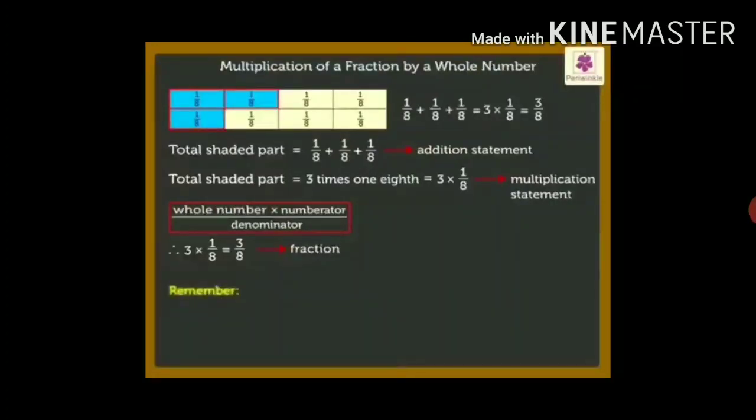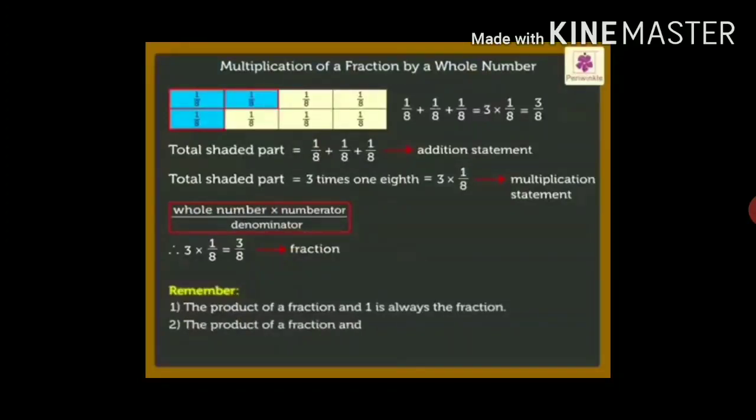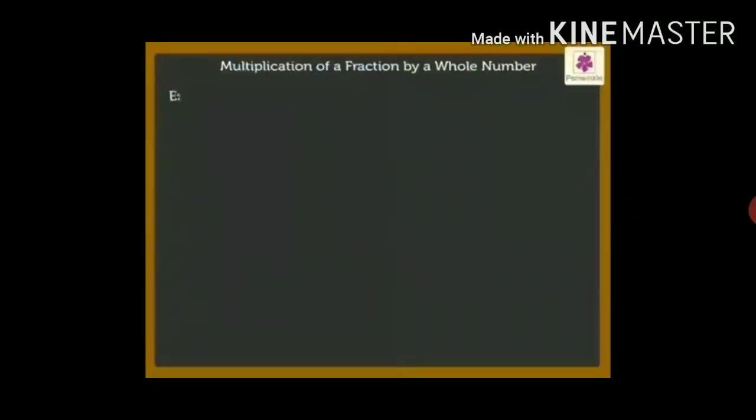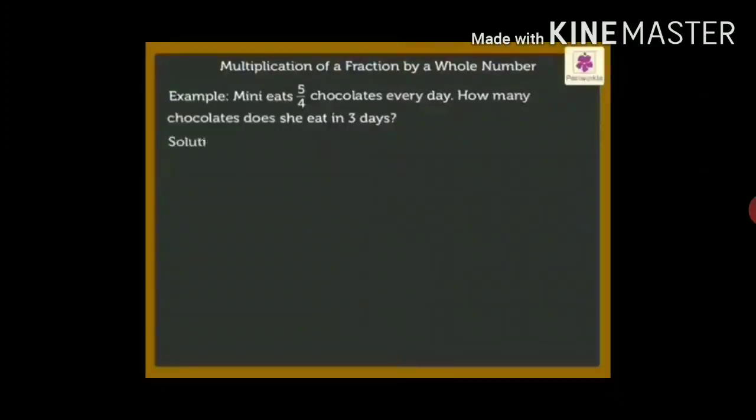Kids, remember: 1. The product of a fraction and 1 is always the fraction. 2. The product of a fraction and 0 is always 0. Now, let us solve one story problem. Minnie eats 5 upon 4 chocolates every day. How many chocolates does she eat in 3 days? So, we write the statements as: every day Minnie eats 5 upon 4 chocolates.